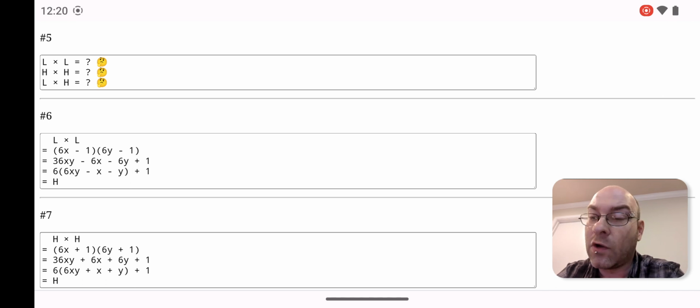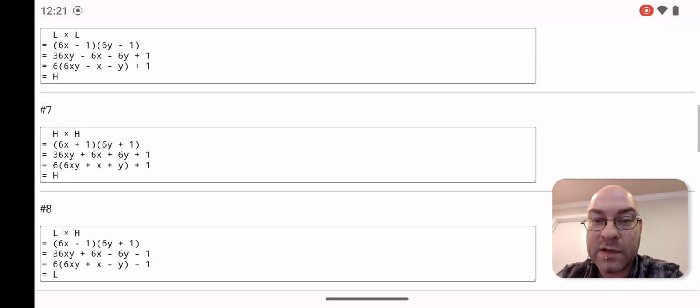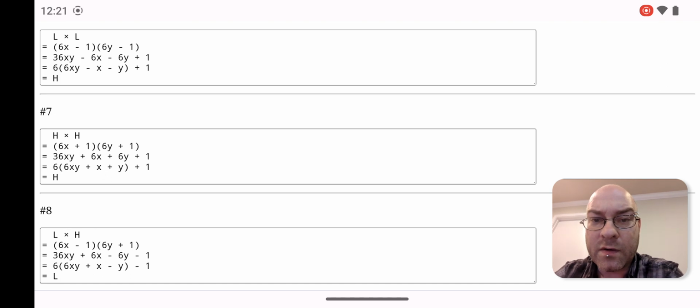So now we've got low by low gives us a high, and high by high gives us a high. What about the final combination, low times high? Okay, so for a low number, we will have 6x minus 1, because it's below a multiple of 6. And then the high number will be 6y plus 1.